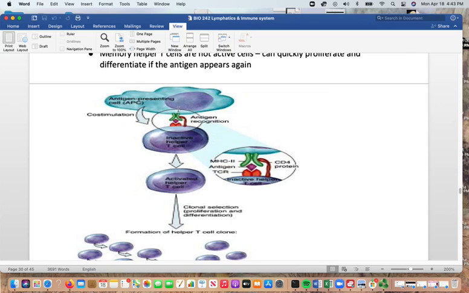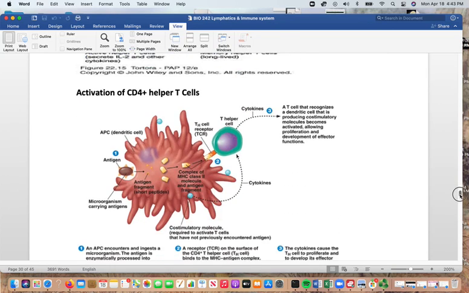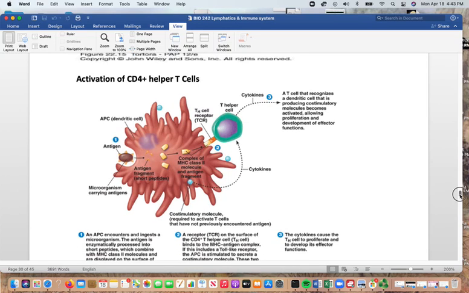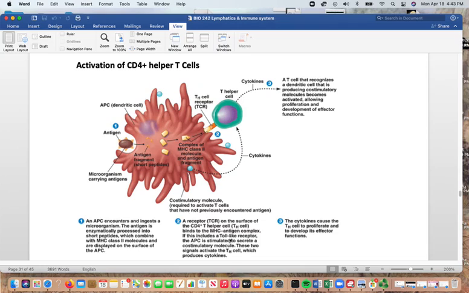So this is showing your antigen presenting cell, your antigen recognition, and your clonal selection, where you proliferate and differentiate the cells you need. And this is showing activation of the CD4 positive helper T cell. So you have your antigen presenting cell encountering the antigen.